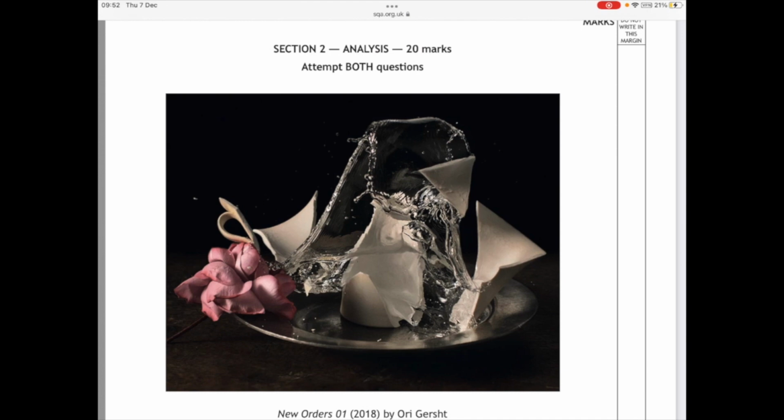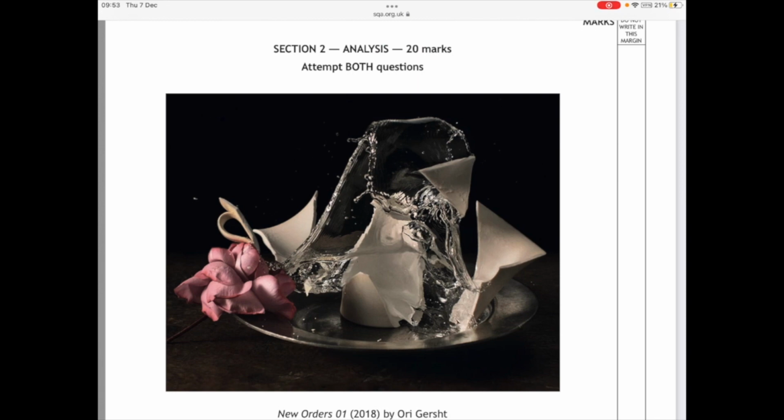Next one: the pink flower is the centre of interest as it is the only use of colour within the scene, which draws the viewer's eye to it. That's a point about focal point. Again, pink flower, centre of interest, viewer's eye is drawn towards it. Cause and effect gets the mark.